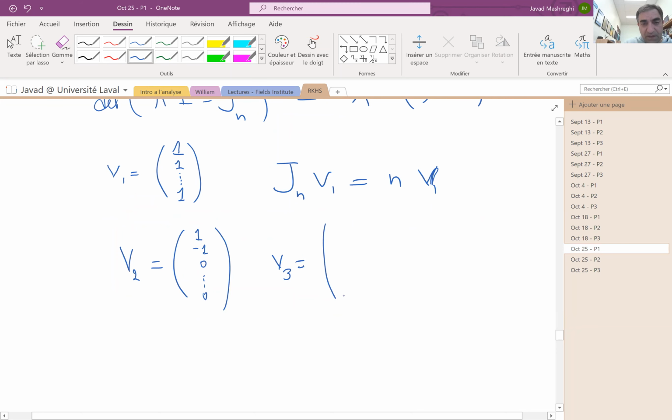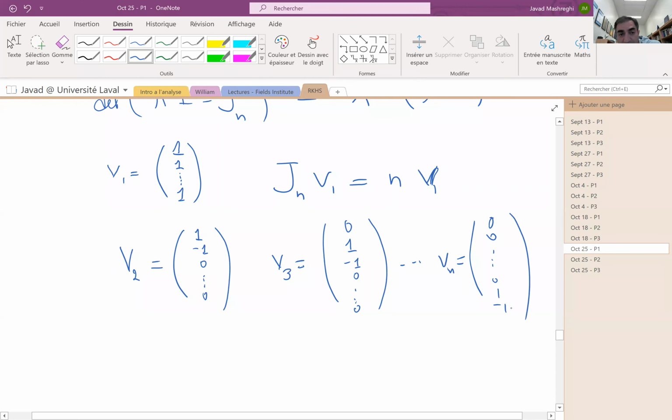V3, you shift this down. And finally, you arrive at 1, minus 1. There are n minus 1 of them, clearly independent. And for each of these, you immediately see that Gn Vk is equal to 0. So they are in the kernel and show that the kernel has dimension n minus 1. The other dimension is for the eigenvalue created by V1.